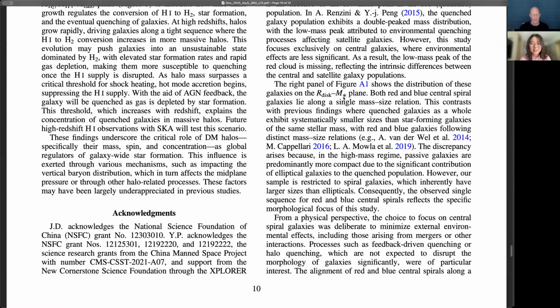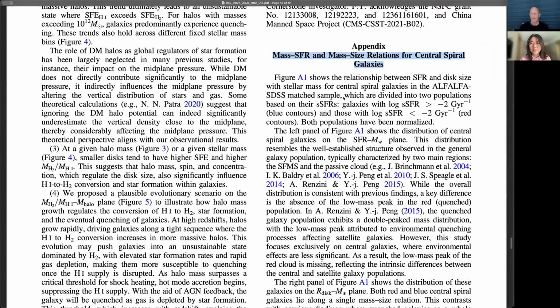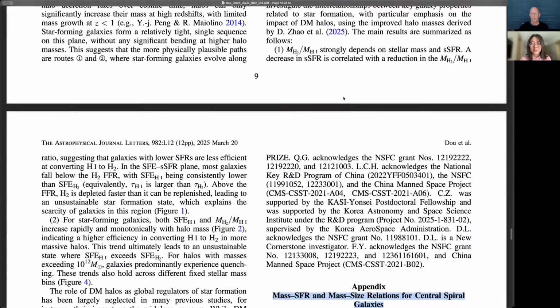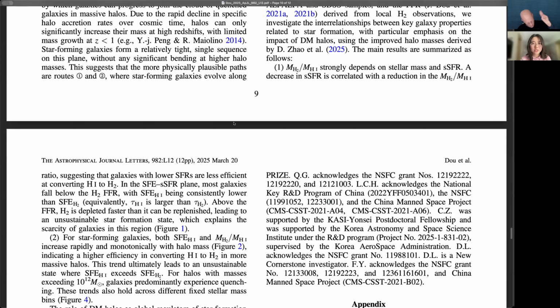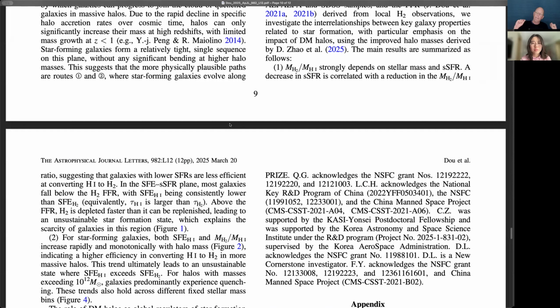There are two main things I want to emphasize here. The first is that we used the new improved dark matter halo mass estimation for analysis, instead of the traditional abundance matching technique. And this new halo mass actually is more consistent with the observations and theory.